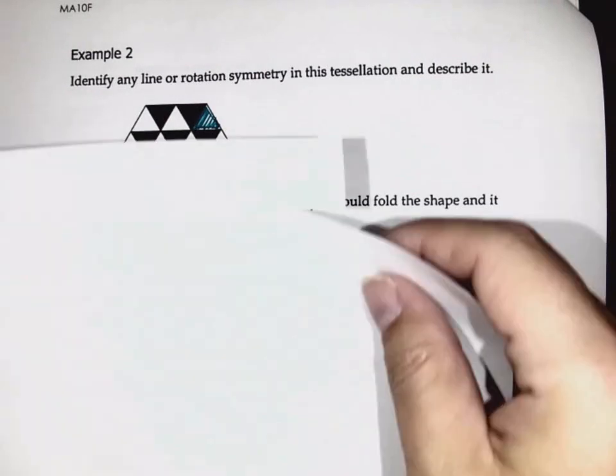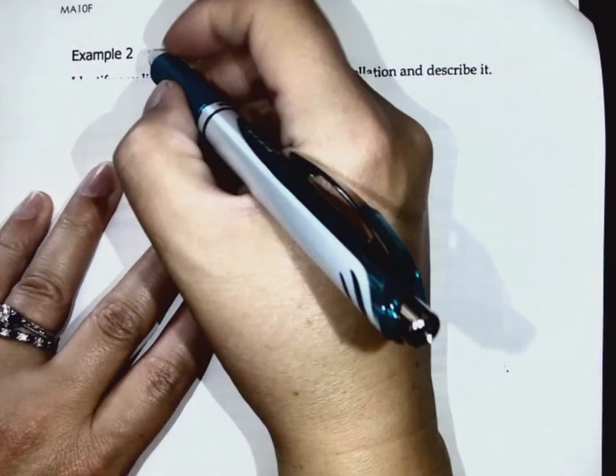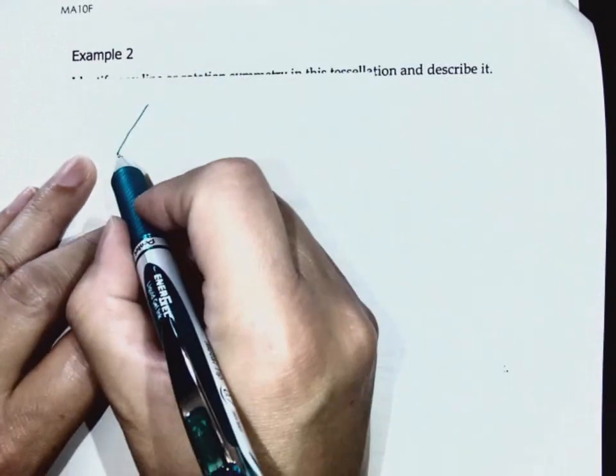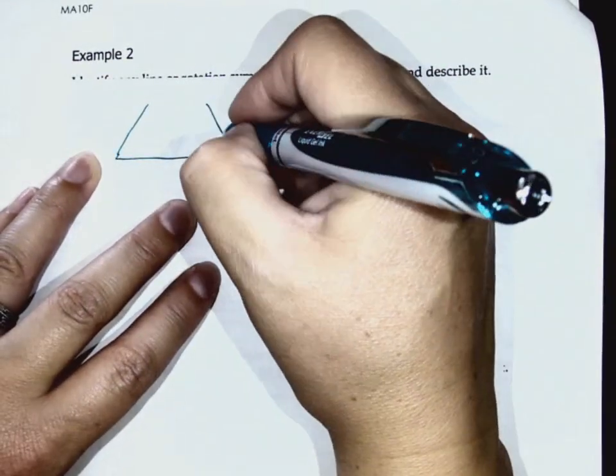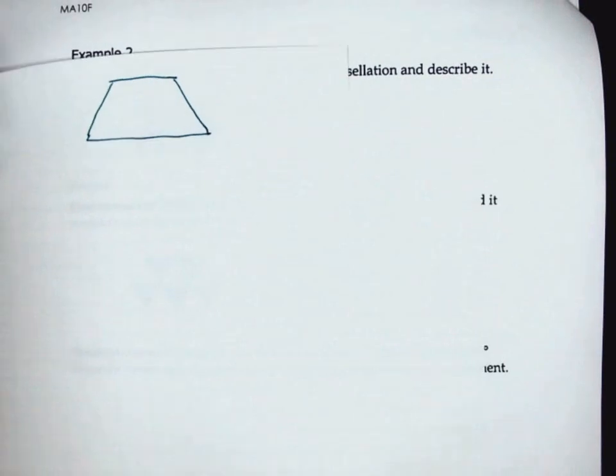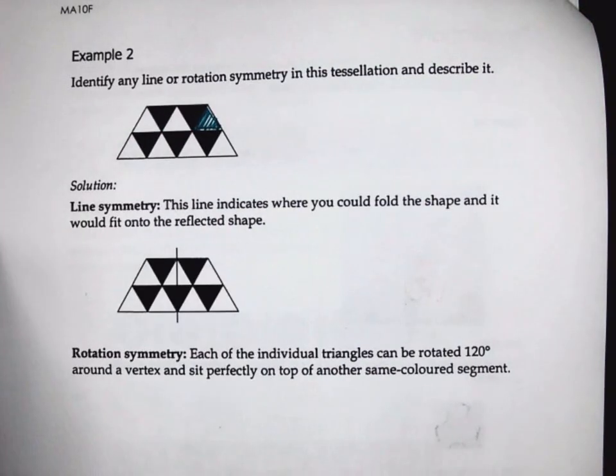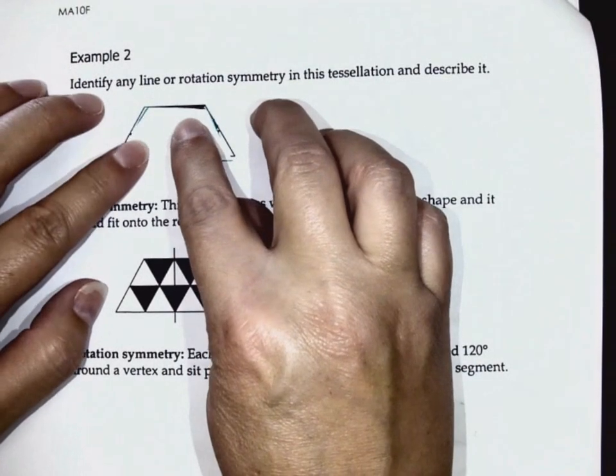Let me just do that quickly for you. I'm just looking at this. I'm going to use my scissors and I'm going to cut that out. Oops. Sorry, all right, so there's my original.